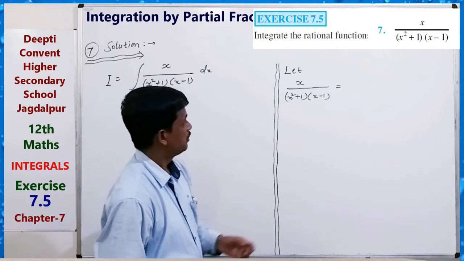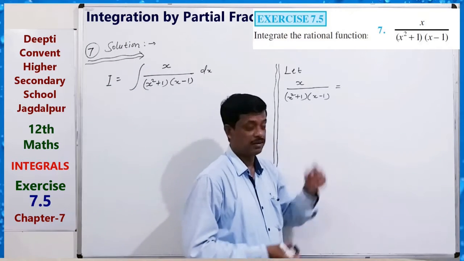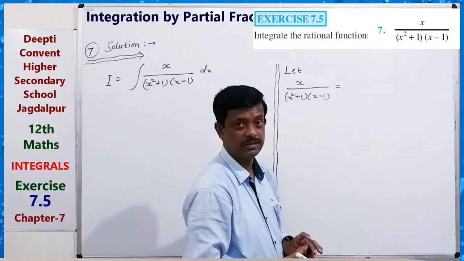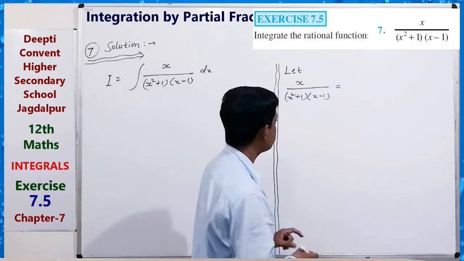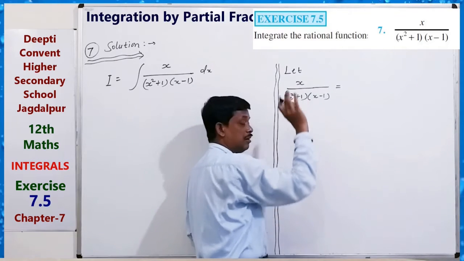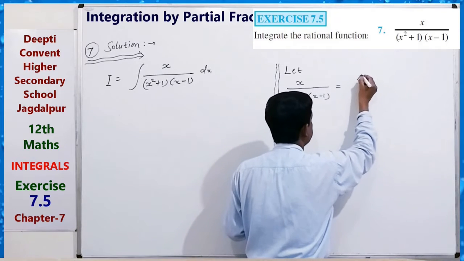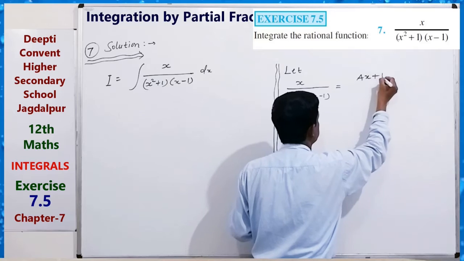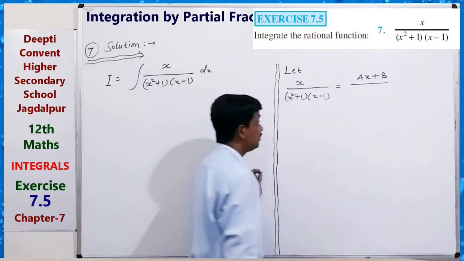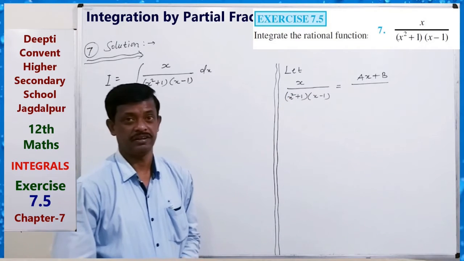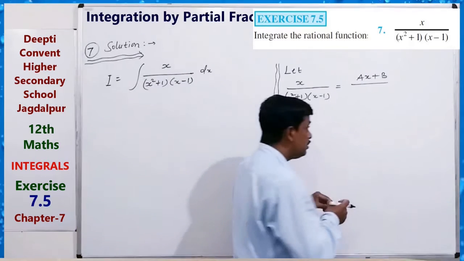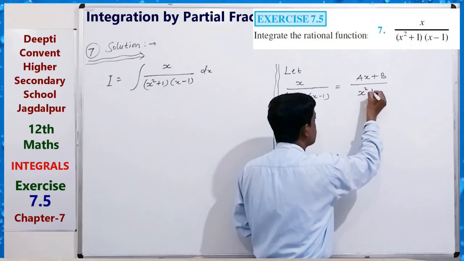So in this case our substitution is different, because the second degree factor cannot be factorized. We have to write it like this: ax plus b, we take this type of linear factor, divided by x square plus 1.